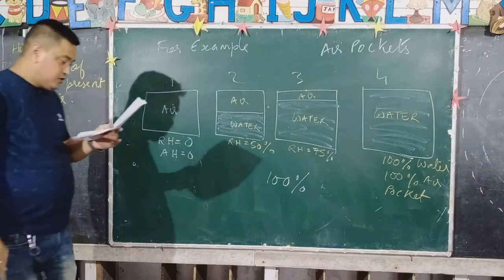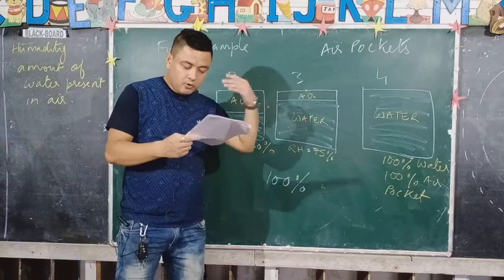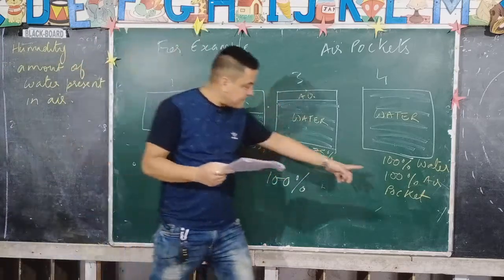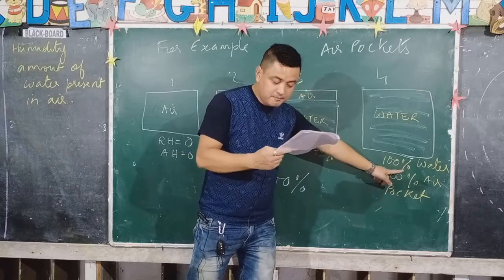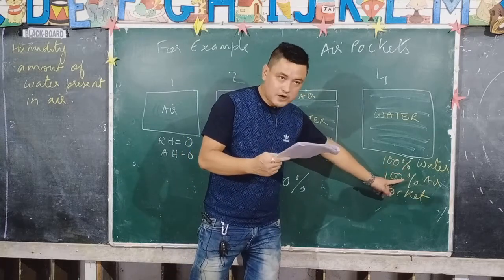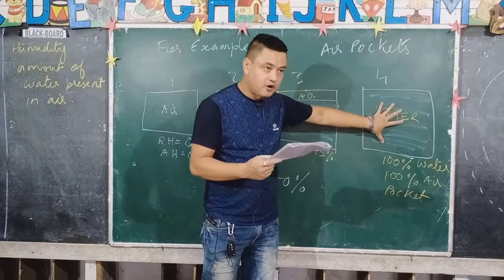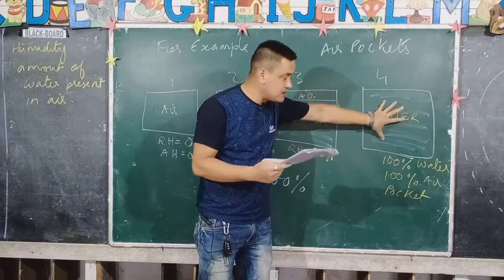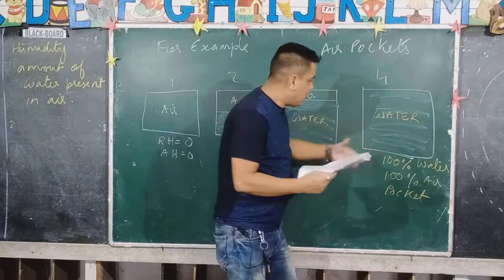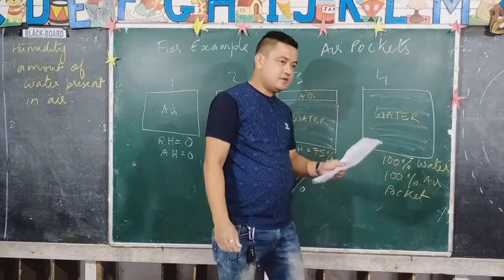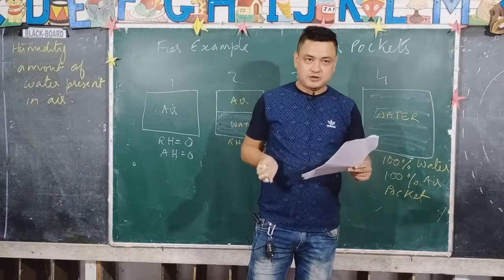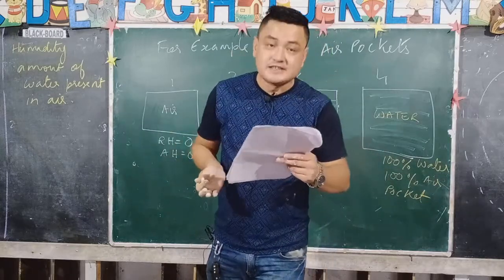When the air is holding the maximum amount of water in the air pocket or in the atmosphere, this air pocket being the atmosphere, then the air is called saturated.